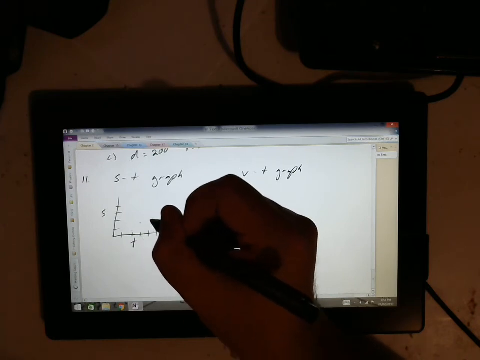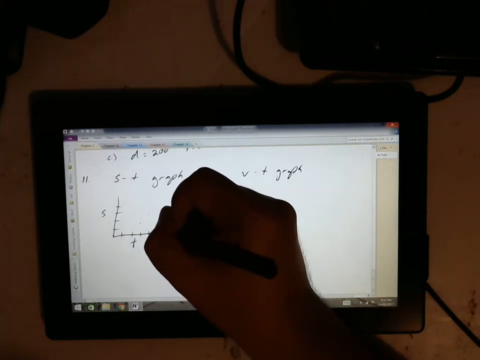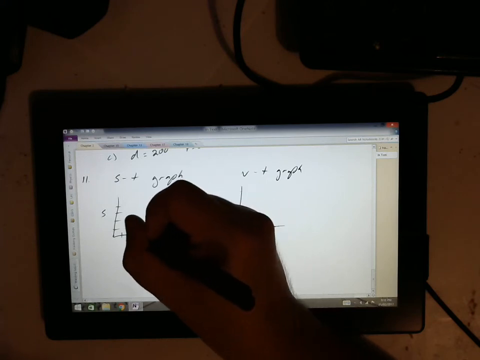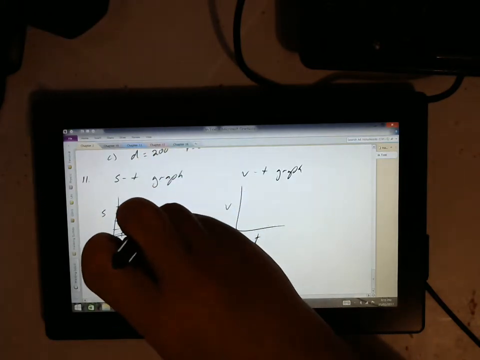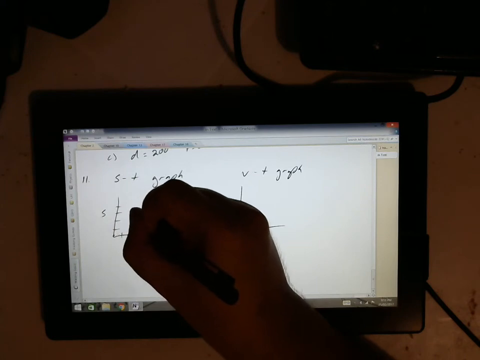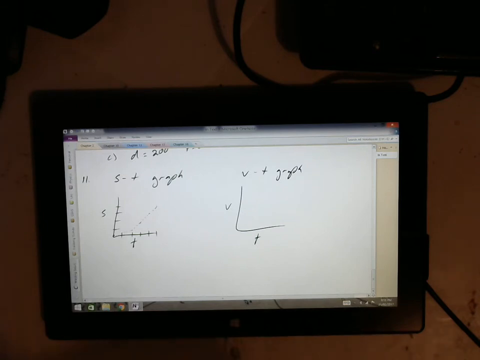At 4 it was 48, so 40, 60, 48 is going to be there. And finally at 5 it was 75, so it's going to be there. And what we see, my crappy drawing aside, is that curving up type thing. Hopefully your picture's better than mine at home.